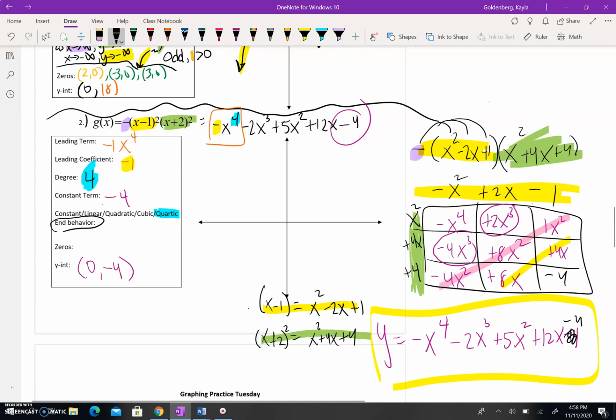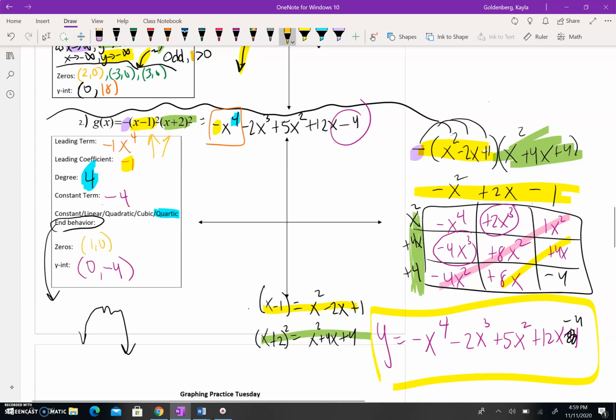Your end behavior, I'm going to do it over here because I'm running out of space. So I see it's even, so it's either kind of a parabolic shape facing up, or both facing down. The negative sign in front means it's going to be down, something in the middle, and down. And then my zeros, it actually started in factored form. So what minus 1 makes 0? That's a positive 1 if you look at the top.